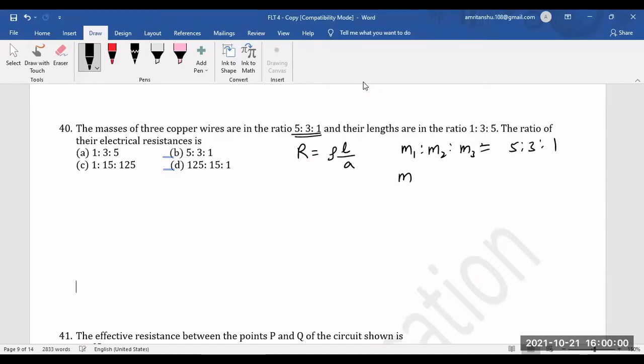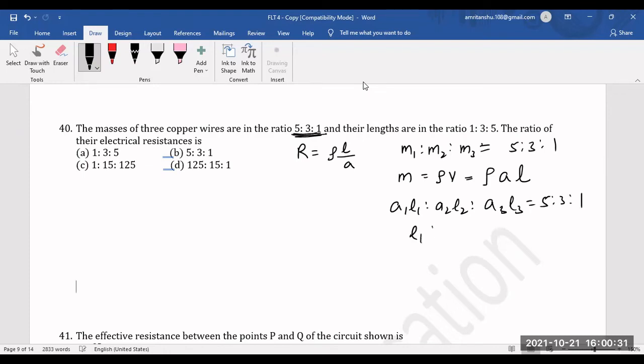Mass can be written as density into volume, and volume can be written as A into L, area of cross section into length. So this ratio of masses is nothing but A1 L1 is to A2 L2 is to A3 L3, which is 5 is to 3 is to 1.